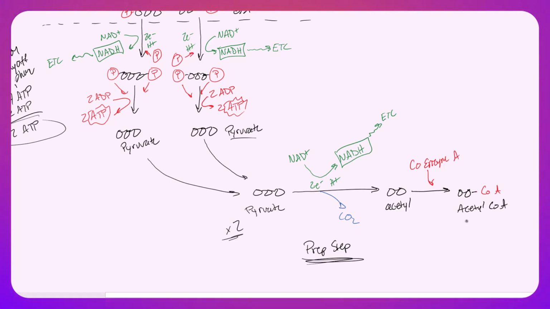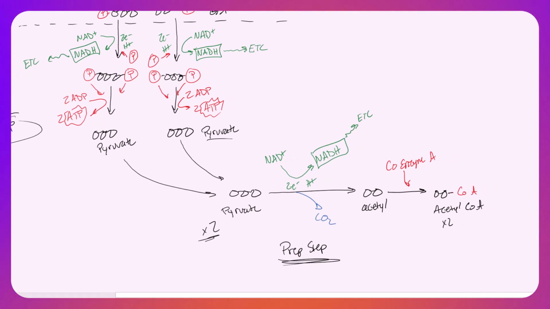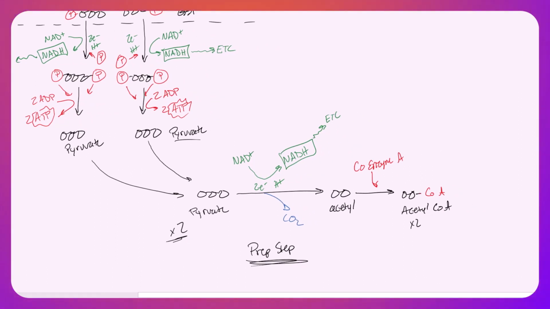Now we have 2 acetyl-CoAs, and those acetyl-CoAs can enter the Krebs. Once the acetyl-CoA is produced, it's going to enter the Krebs, and waiting for it in the Krebs is a 4-carbon molecule called oxaloacetic acid or oxaloacetate.